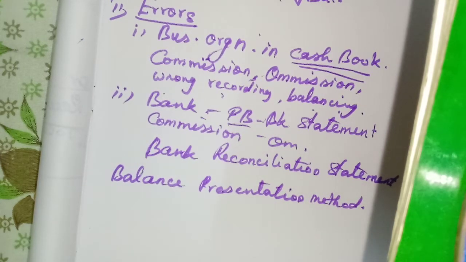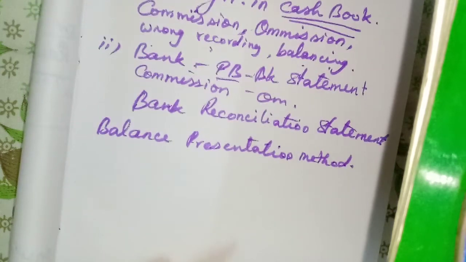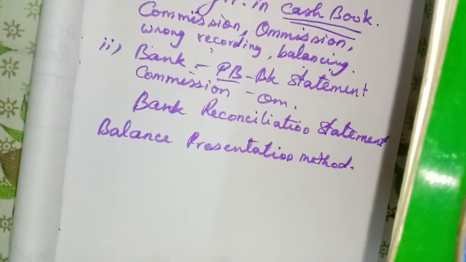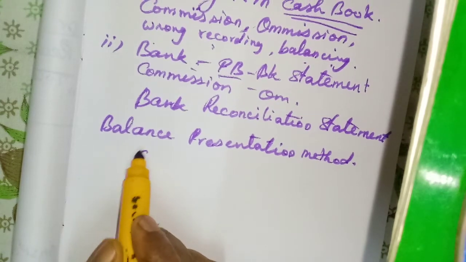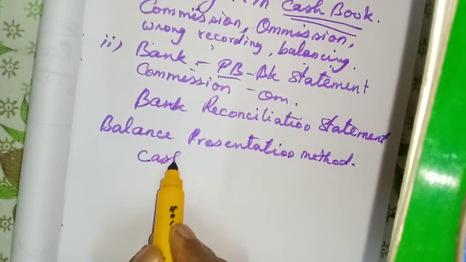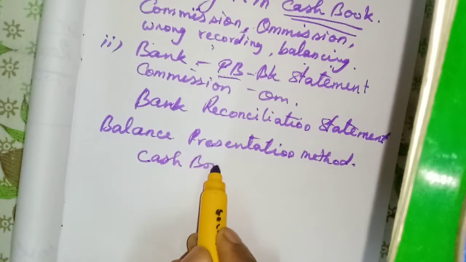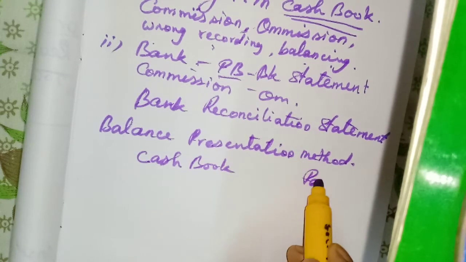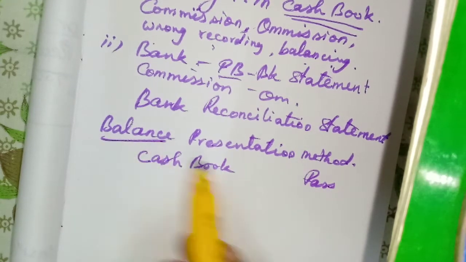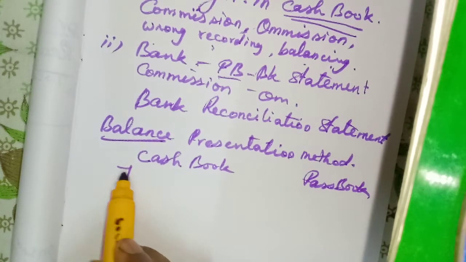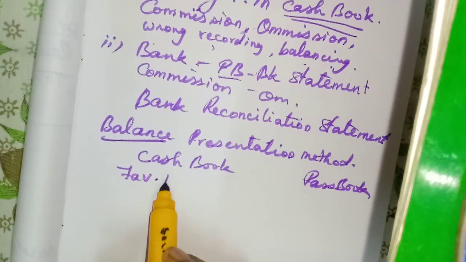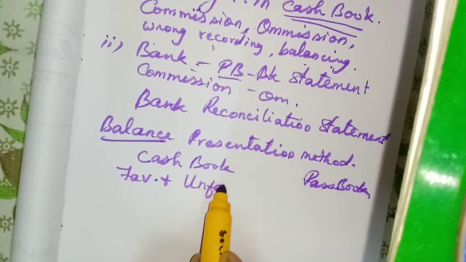In the balance presentation method, they will give the balance. So here we have cash book and passbook, isn't it? Four balances will be there. Cash book favorable balance and unfavorable balance.